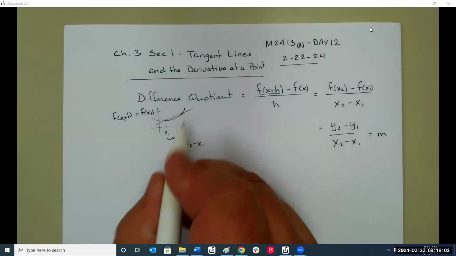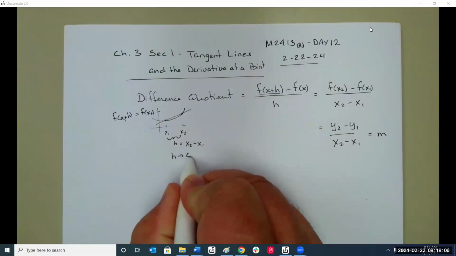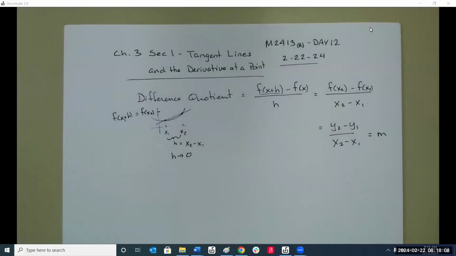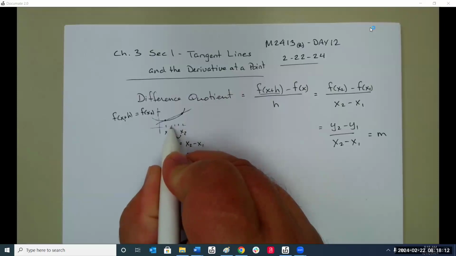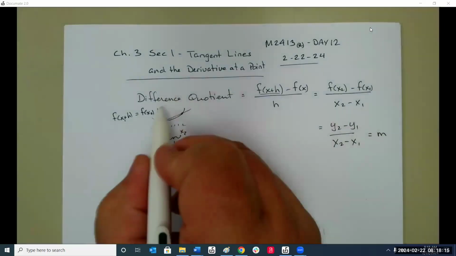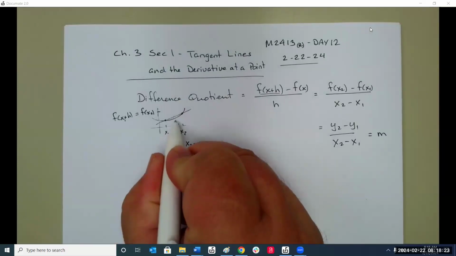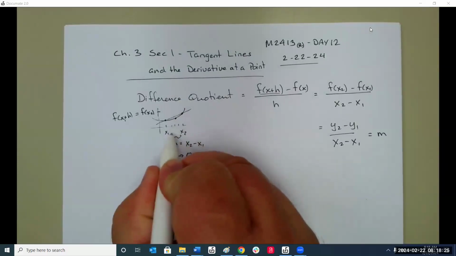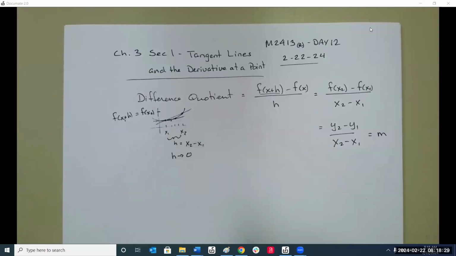Now what we're trying to do, as h, this is when we talk about the limits, as h got smaller, what we're looking for, because this formula only works if you have 2 distinct points, doesn't work to find the slope of a curve. So what we're doing here is making h smaller, so we're changing the slopes.